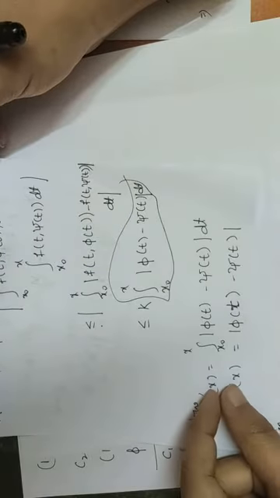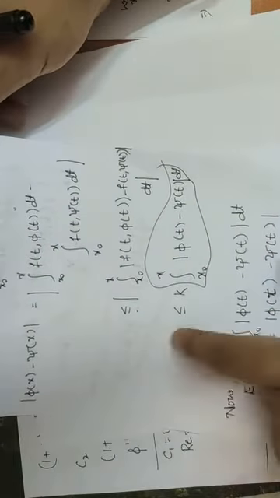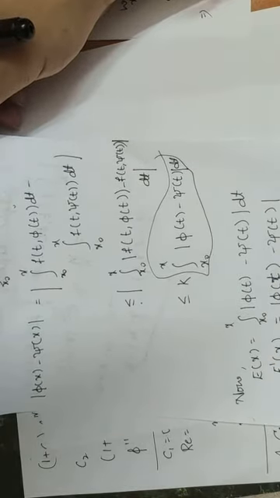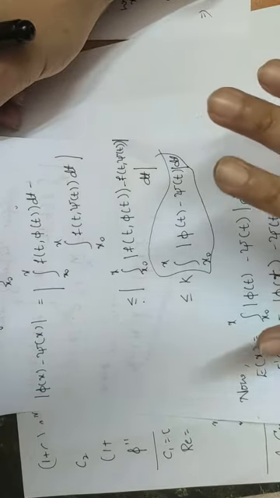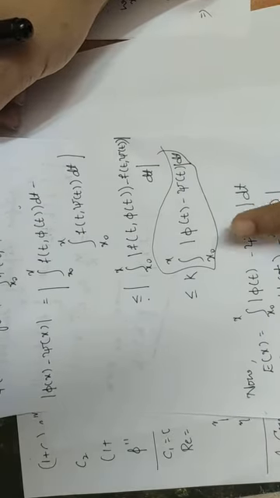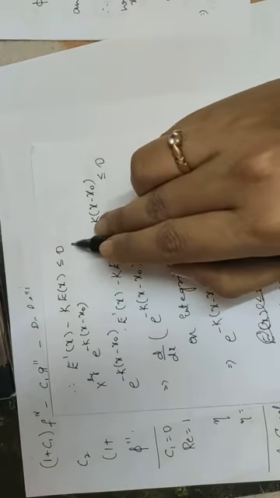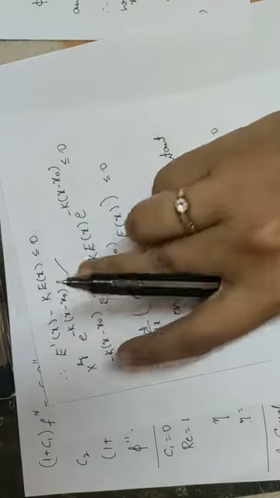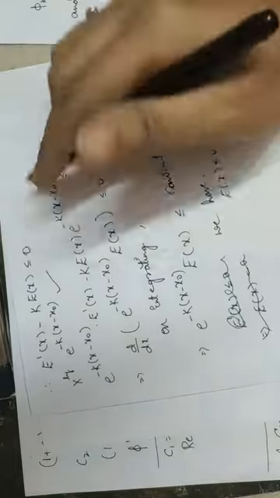If you substitute these two things here, your LHS part is nothing but e dash of x. I have transferred my right hand side to the left hand side, so you will get e dash of x minus k into e of x is less than or equal to 0. Now multiply e power minus k into x minus x naught on both sides of the inequality.